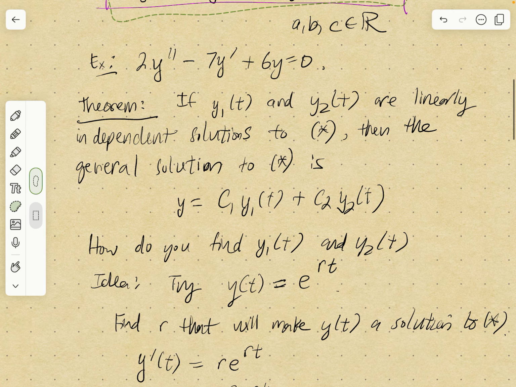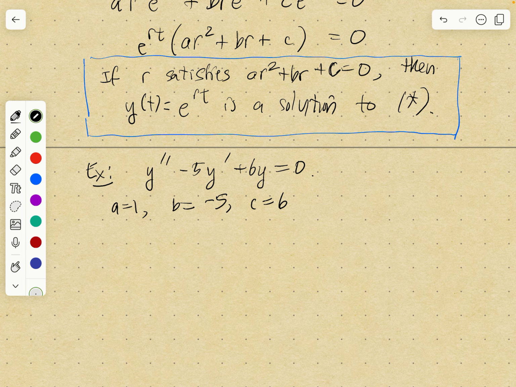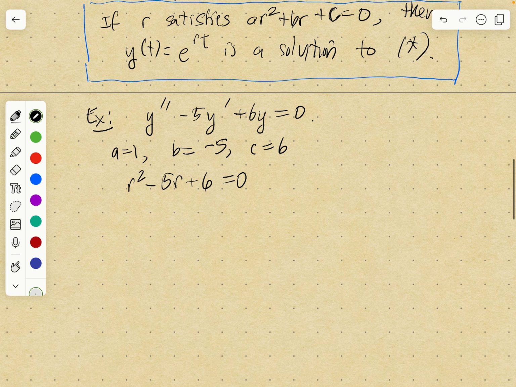And so therefore the quadratic is going to be r squared minus 5r plus 6. You want to find r that satisfies this equation, equals 0. So we can factor this. r minus 2 times r minus 3 is 0. So r is 2 and 3.